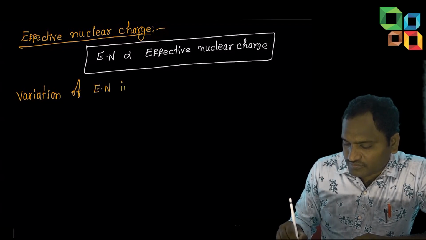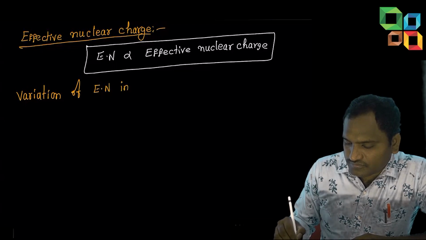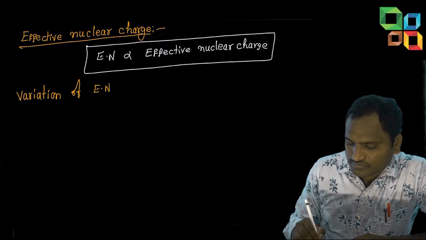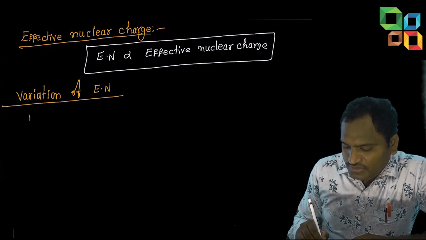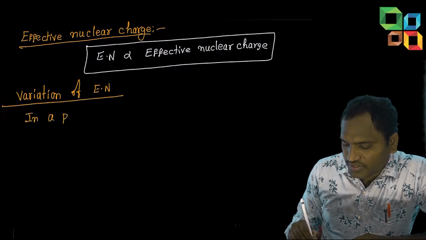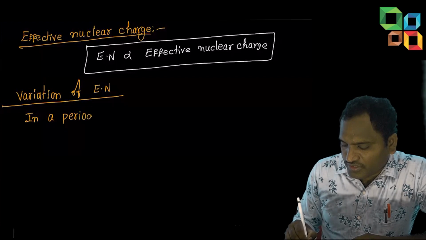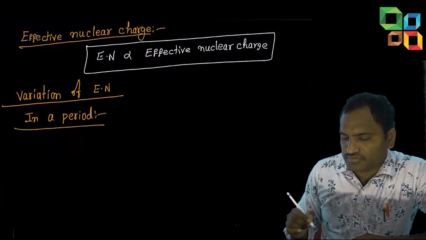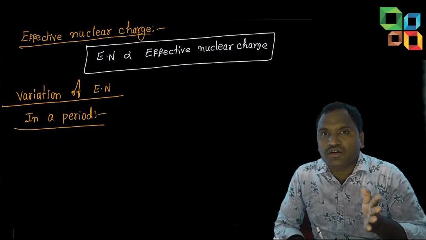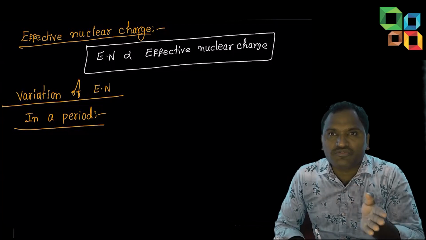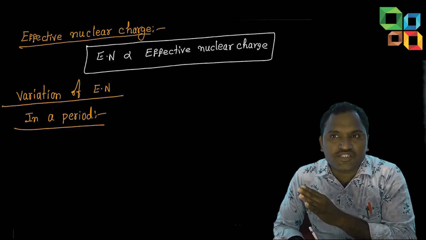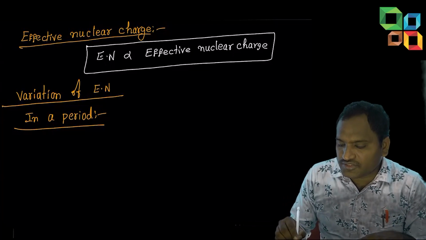Next one, variation of electronegativity in a period. I told you, in a period as we move from left to right, atomic radius decreases, electronegativity increases.